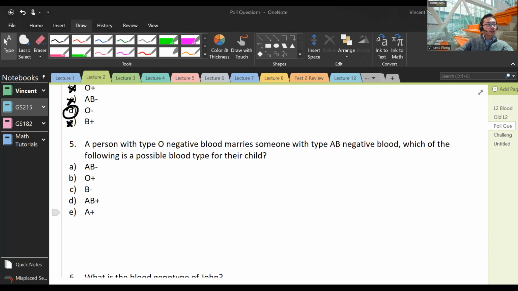Which of the following is a possible blood type? Okay, go ahead. You should not be doing a Punnett square. That's not how you do this question, okay?